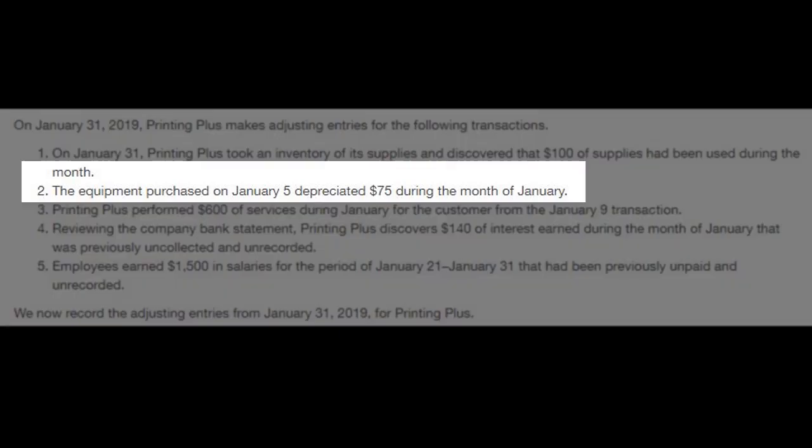We have equipment. It depreciated by $75 over the course of the month. Well, what this means is we used the equipment all month. By the end of the month, it was worth $75 less than it was at the beginning of the month because it's older.